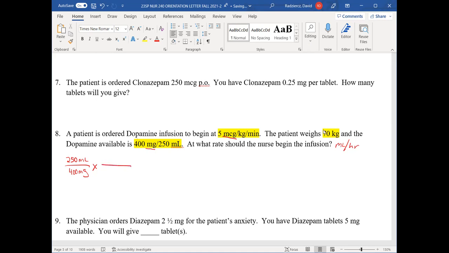Now we want milliliters per hour. Right now we have milligrams. So I need to do something with getting to my per time. I do have a 5 microgram per kilogram per minute, but the problem is this is in milligrams. So the next step would be to convert milligrams to micrograms.